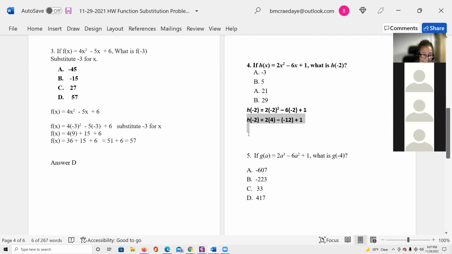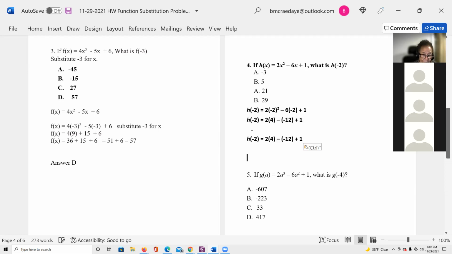That's right, you got it. 2 times 4 is 8, right? Minus times minus gives you a plus, so that's a plus 12. And a plus 1. So 8 plus 12 is 20. And 20 plus 1 is 21.